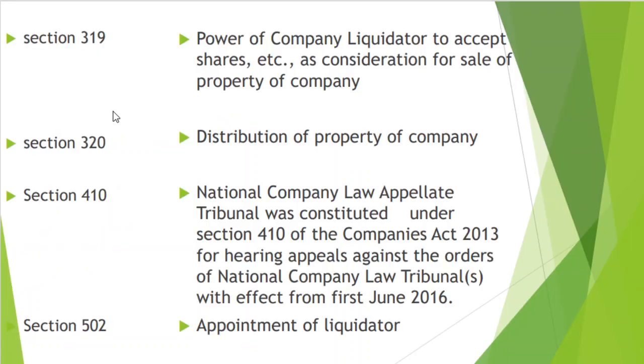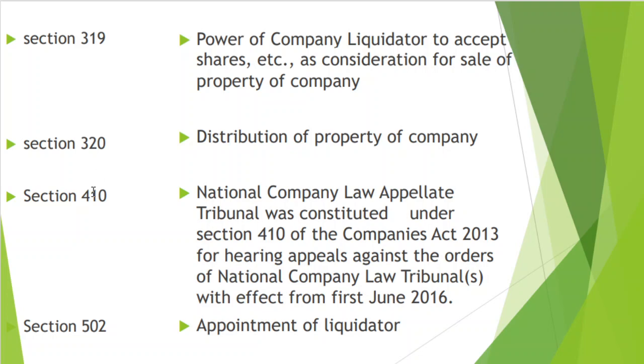First section, the correct answer, that is section 319. What is 319? It is the power of the company liquidator to accept shares, etc., as consideration for sale of property of company. Then section 320, it is distribution of property of company.